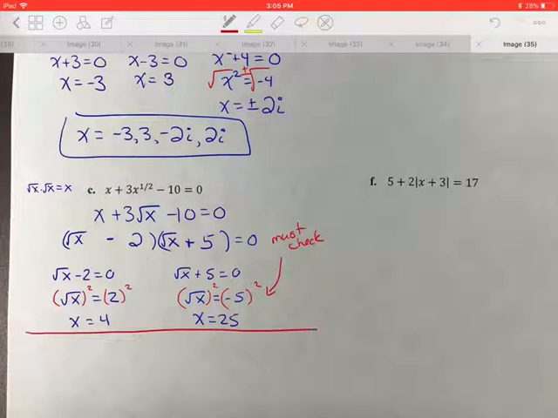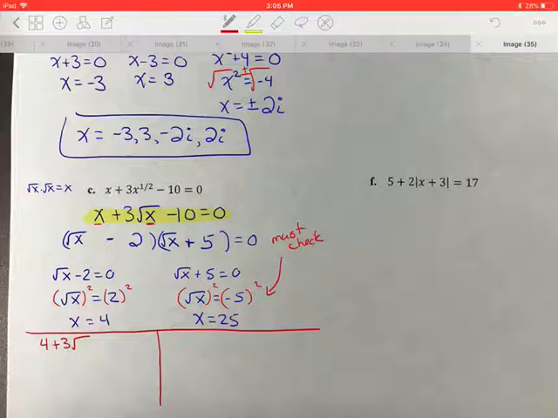So I'm going to do my check down here. So let's start with x equals 4. I'm going to go back up to this equation right here, and everywhere I have an x, I'm going to put a 4. So in place of this x, I'm putting a 4.